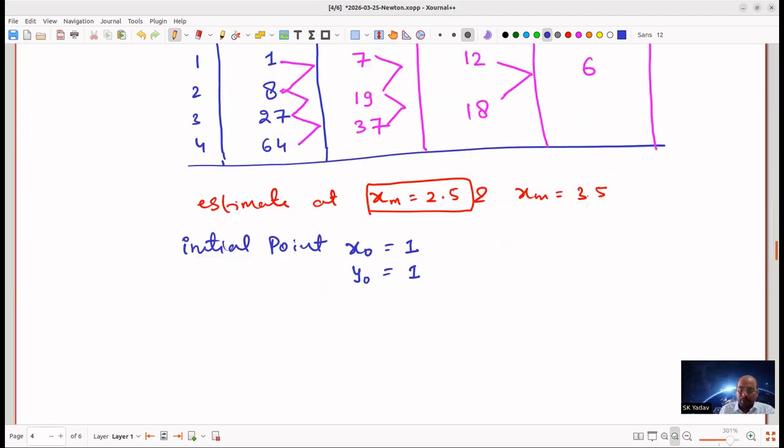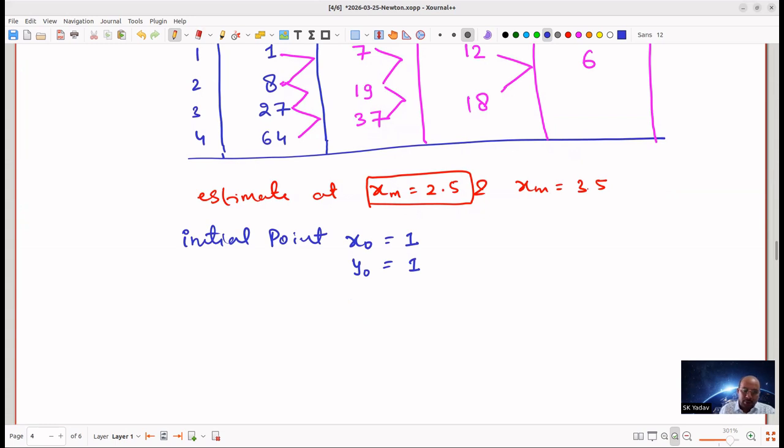And what is the p value here? So the p value is x minus x0, because we are using the forward formula as this point is nearby the beginning, divided by h, which is the step size. So step size means the difference between x values. So I have 2 minus 1 is 1, 3 minus 2 is 1, 4 minus 3 is 1.